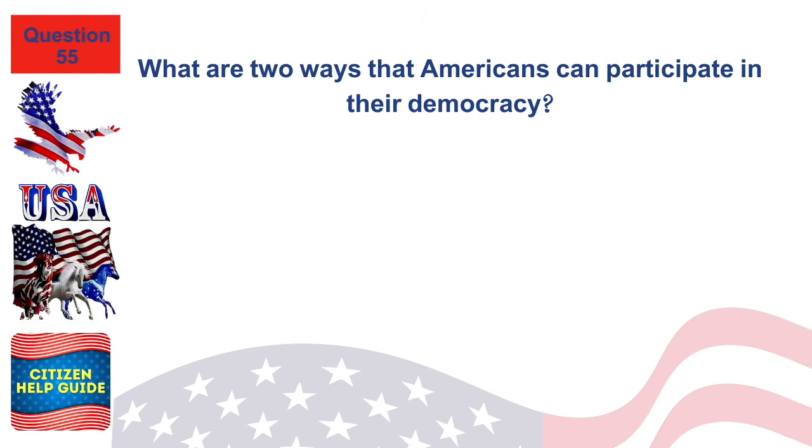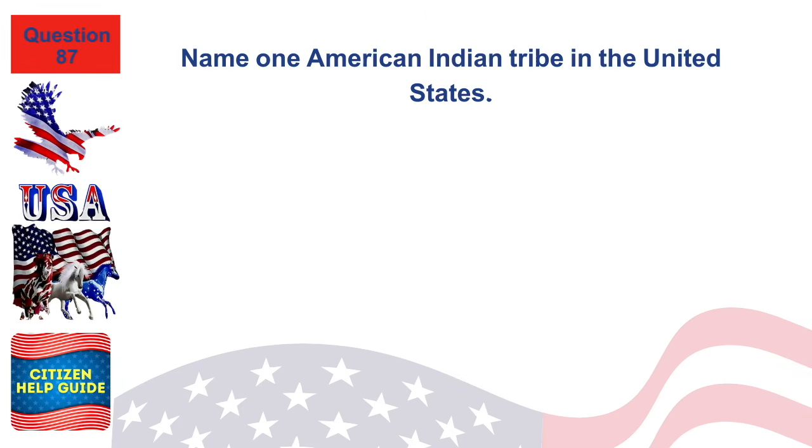What are 2 ways that Americans can participate in their democracy? Vote. Join a political party. Name one American Indian tribe in the United States.